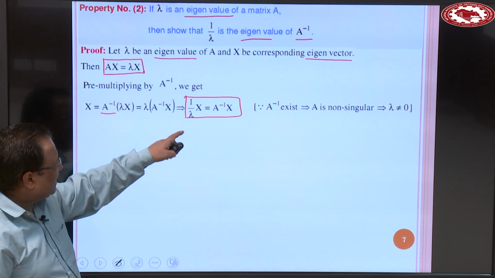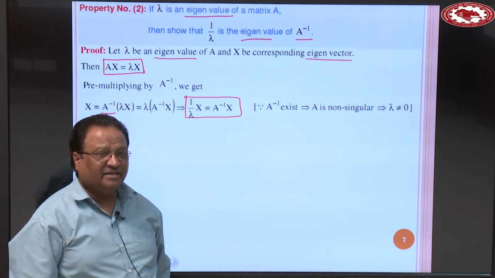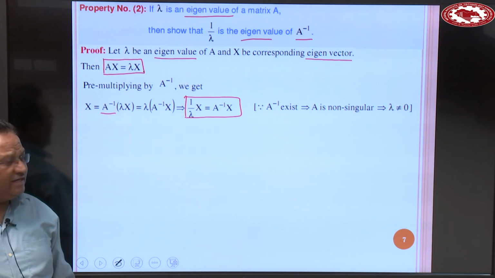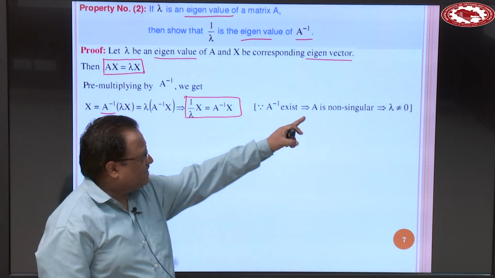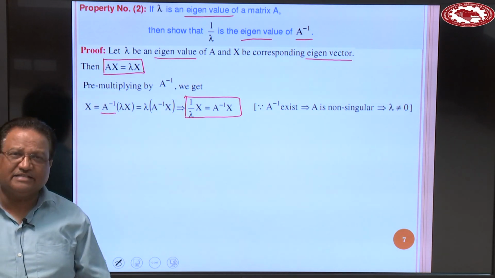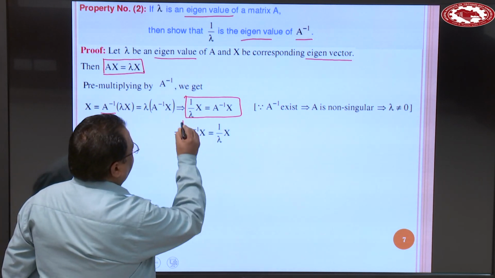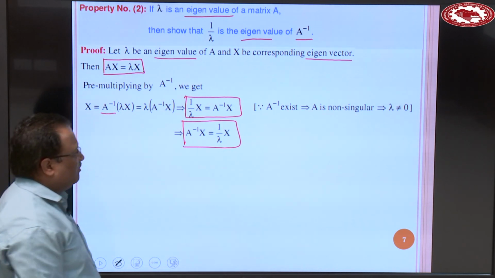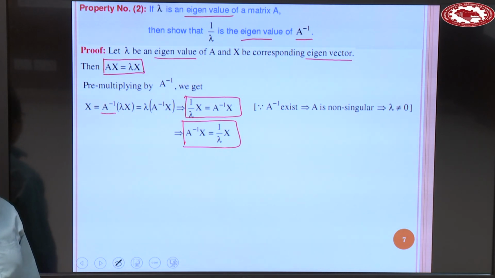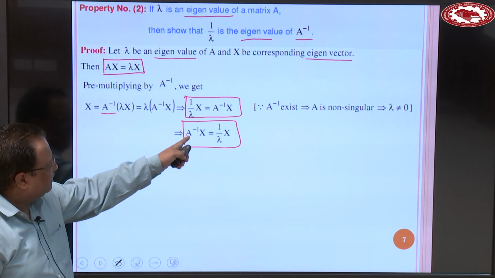The reason behind this division is that since A inverse exists, this means A is non-singular, and A is non-singular means lambda is not equal to 0. So this result implies A inverse x is equal to 1 over lambda x, and this shows that 1 over lambda is an eigenvalue of A inverse.